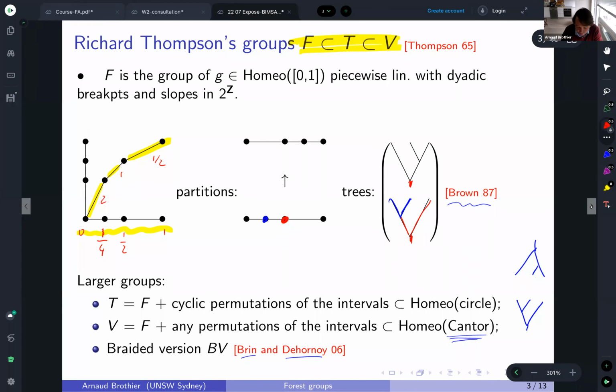But in Brin or Dehornoy's framework, you will add a braid in between. So a group element will look like something like that. And then there is a law to compose them. Just take your Thompson element and you add some braid in it. So it's like a group made of both of them. Okay. So that's kind of the beast I want to look at.